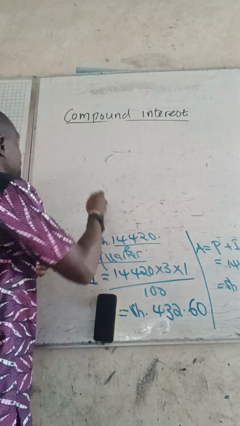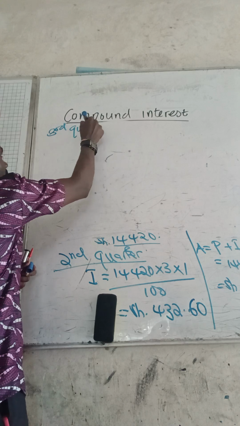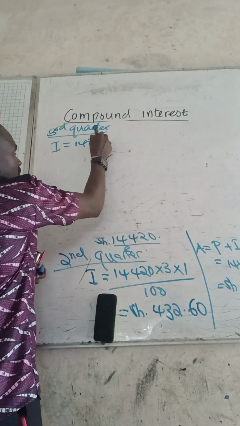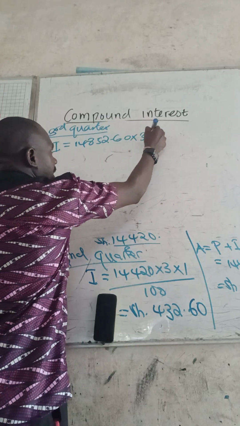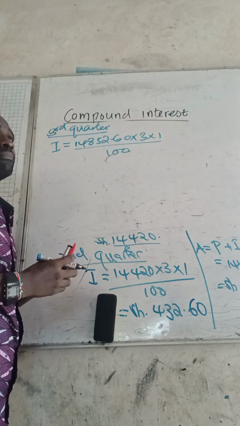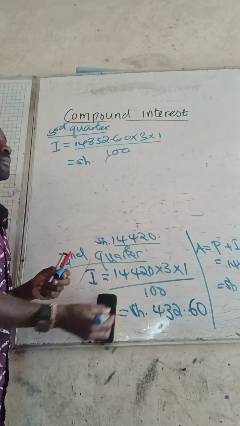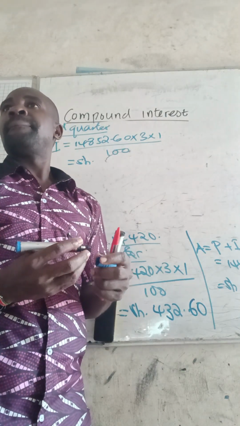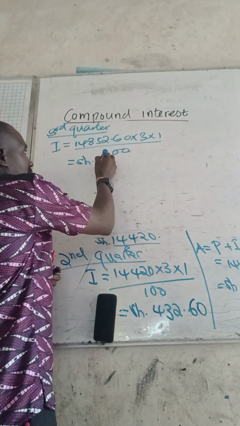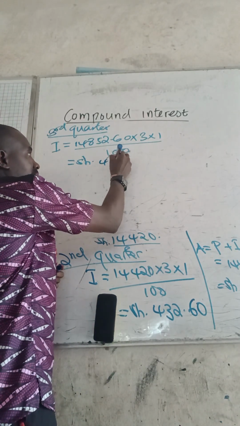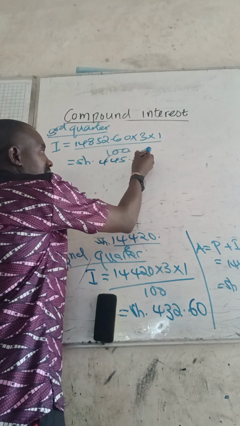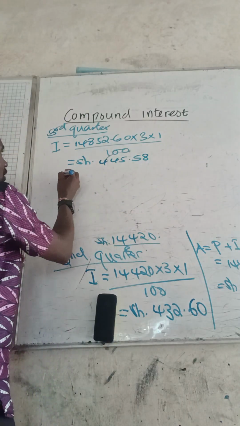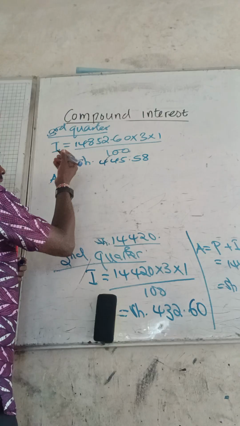So for the third quarter, our interest from what we have, multiply by 3, multiply by 1, divide by 100. What are we getting here? 445.58.